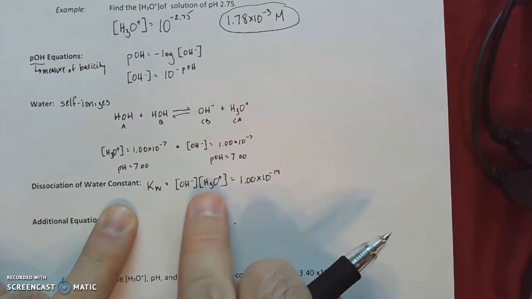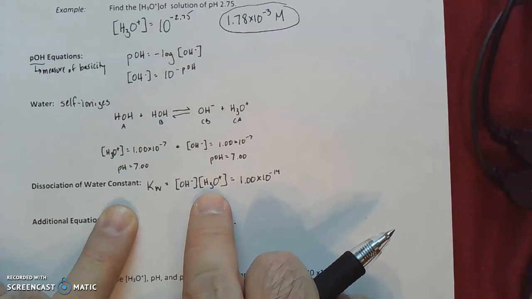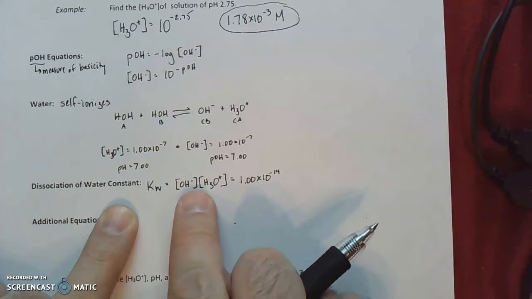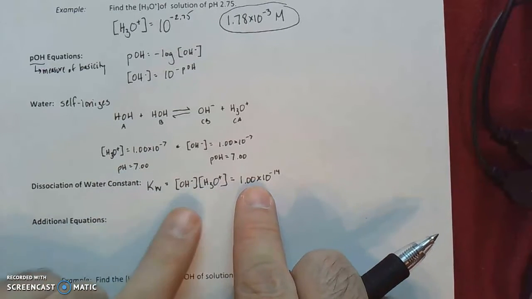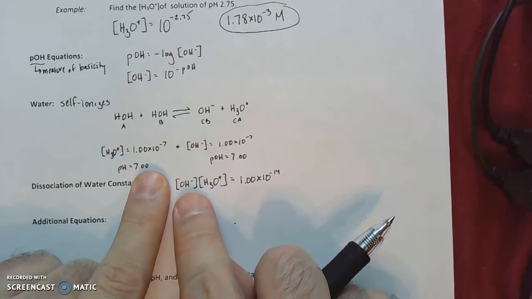This is going to be a relationship between the OH minus and H3O plus and anything that is going to be a solution in water. So if we know one, we can find the other.